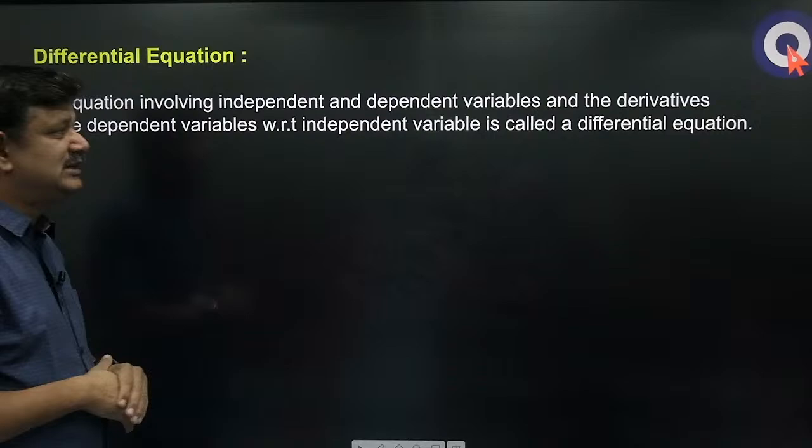So जिसमें भी dy by dx, d square y by dx square ऐसे चीजें दिख जाते हैं, wherever you can see dy by dx or d square y by dx square, so on, derivatives of dependent variable with respect to independent variable, all such equations involving these things is called a differential equation. Very simple definition.